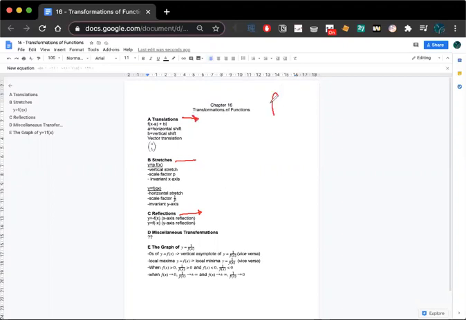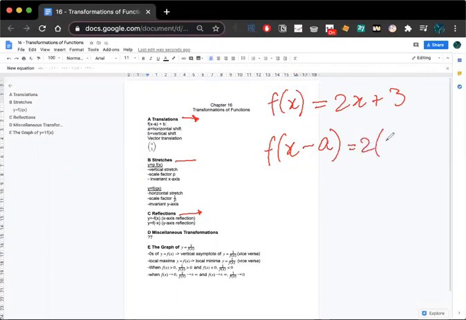So if you have a function like this, and let's just say the function is 2x plus 3, then we add a minus a. So the function becomes 2x minus a plus 3.